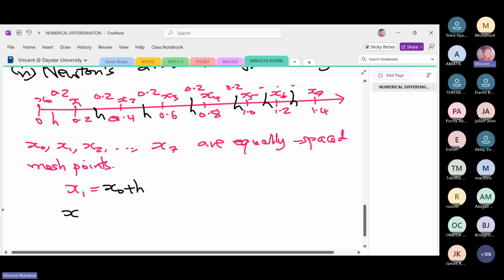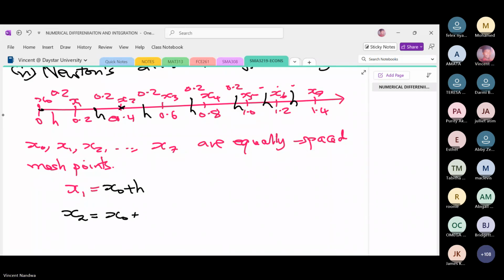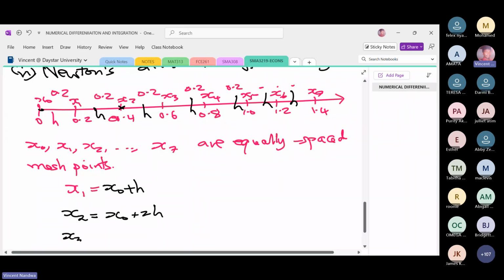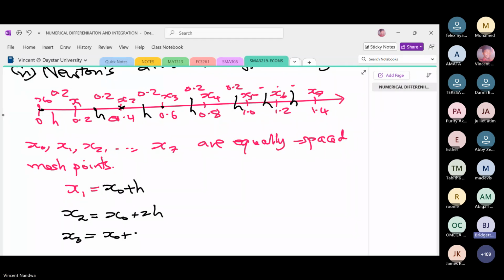Then x2 will be x0 plus, to move from this point x0 to this point x2, I should add how many h values? 2. So I'll have 2h. Then x3 will be x0 plus how many units from x0 to reach x3? 3. So 3h.